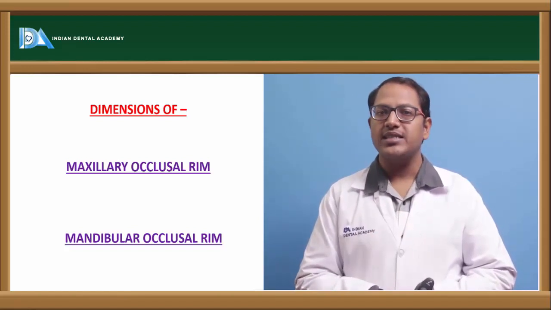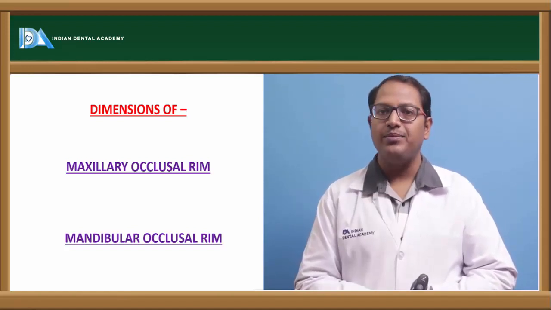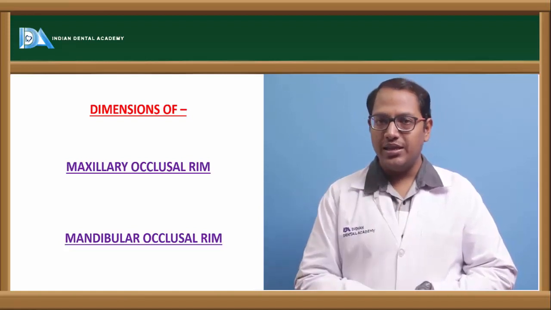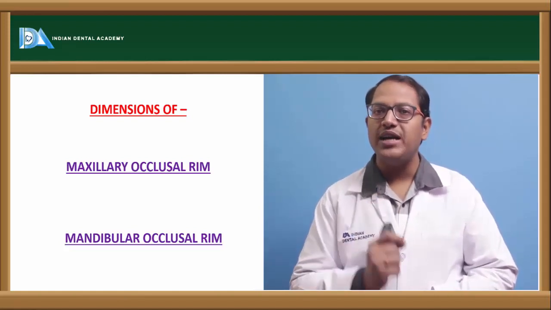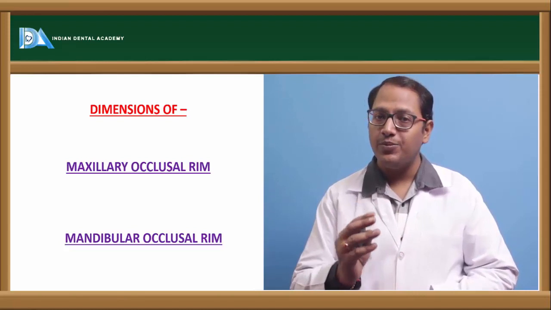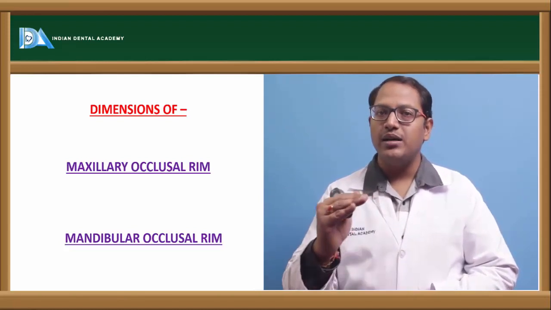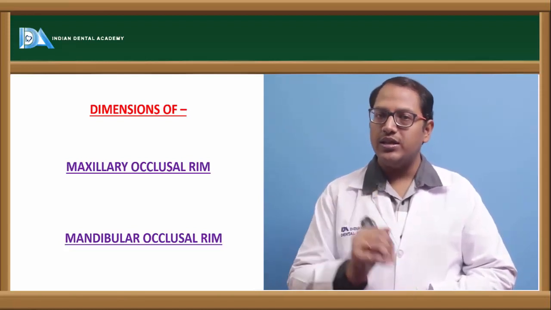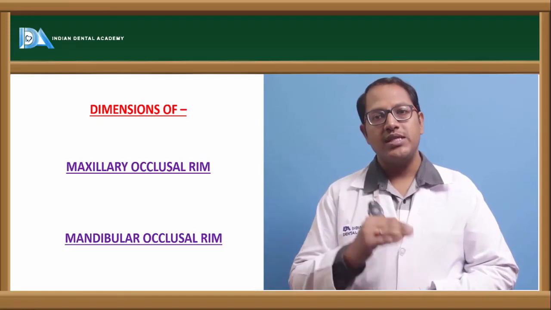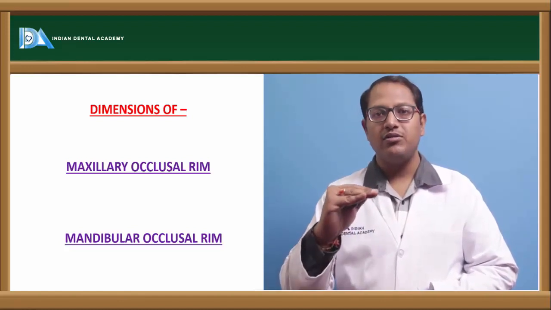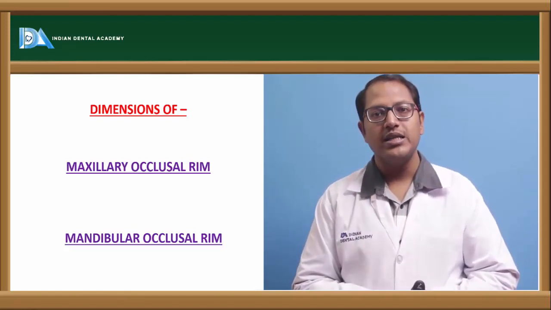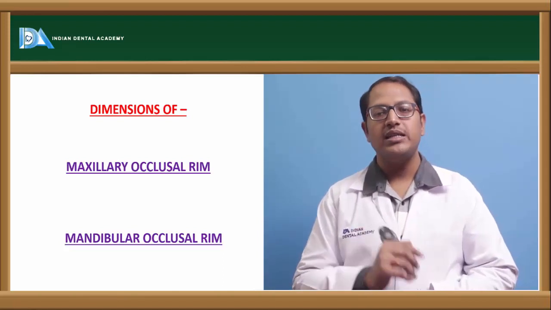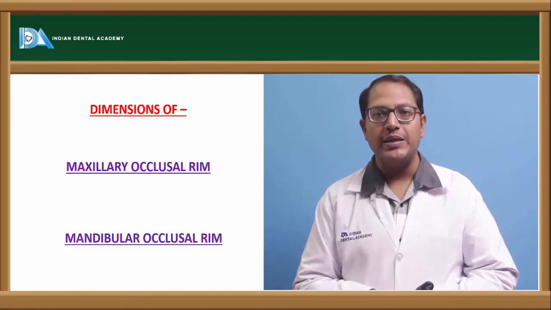Actually, keep your wax rims to the middle of the retromolar pad, because the teeth that you arrange will be at least 0.5 mm above the wax rim in the posterior region. So that will come along with the 2/3 of the retromolar pad. Once you keep it to the middle, with a little more height, that will be 2/3 of the retromolar pad. So our wax rims should end at the middle of the retromolar pad.